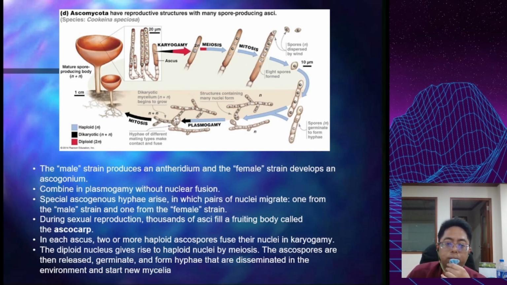If you can see this picture, this cup-shaped thing is an ascocarp. In each ascus, the two haploid nuclei will fuse in karyogamy. So that's when they will combine. The diploid nucleus gives rise to haploid nuclei by meiosis. The ascospores are then released, germinate, and form hyphae that are disseminated in the environment and start new mycelia.